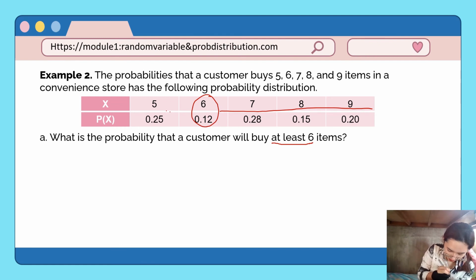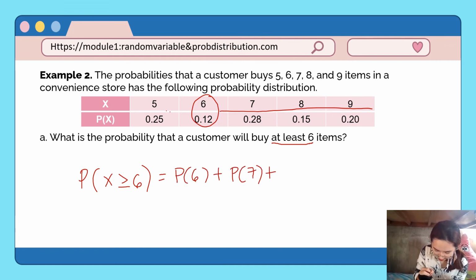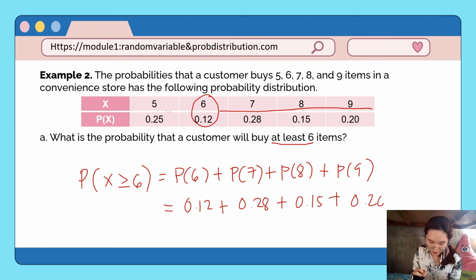Diba? So, complete lang natin. Let's write the notation, at least. We have x greater than or equal to 6. So, pag-add lang po natin yung probability ng 6, yung probability ng 7, yung probability ng 8, yung probability ng 9. Okay? So, that's 0.12, 0.28, 0.15, 0.20.